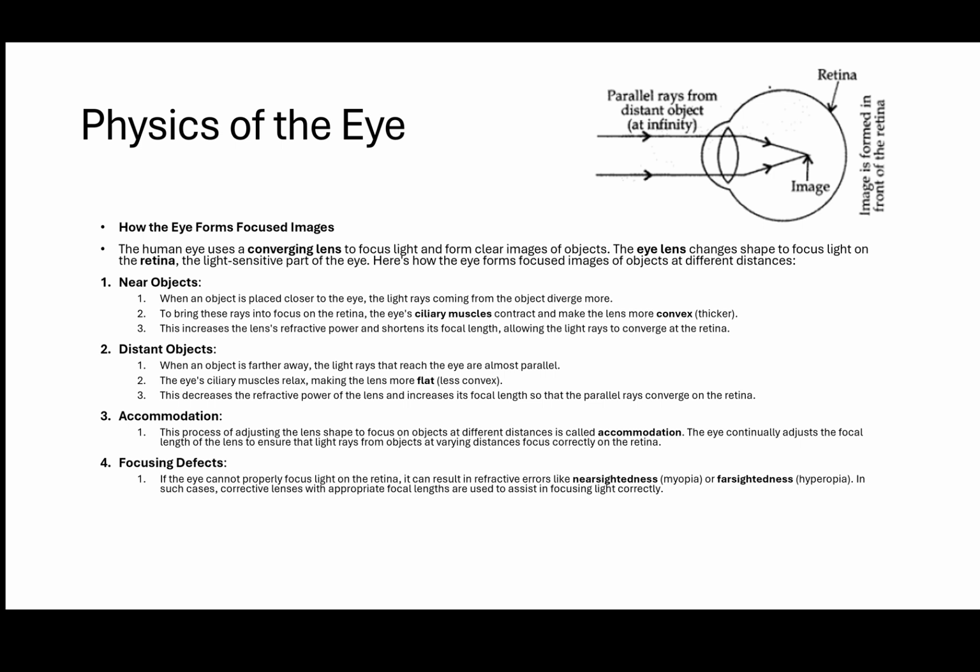So the human eye more or less uses converging lenses to form clear images of objects. The eye lens changes shape to focus light on the retina, the light sensitive part of the eye.